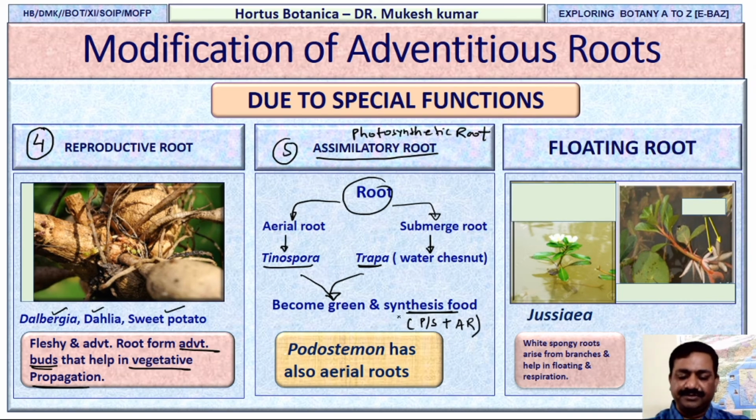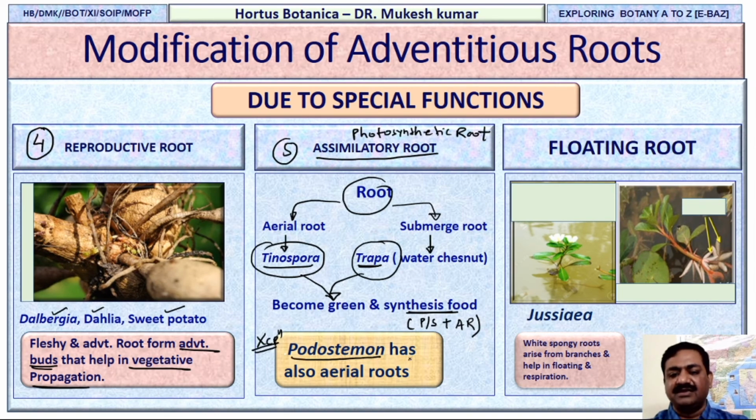Isn't it? So this is very interesting. Example we have seen: first example, aerial type, Tinospora, and submerged condition, this is the Trapa. Besides that, exceptionally you can also recall one more example, that is Podostemon. Okay, it has aerial roots and also assimilatory roots, which synthesize food.